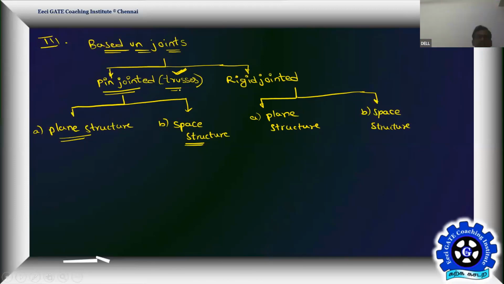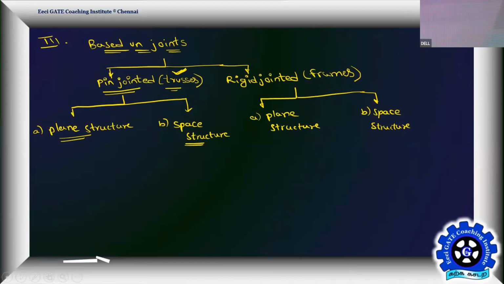So when I say pin jointed, it means trusses. When I say rigid jointed, it means frames. If the members are connected by rigid joints, we call them frames. If the members are connected by pin joints, we call them trusses.